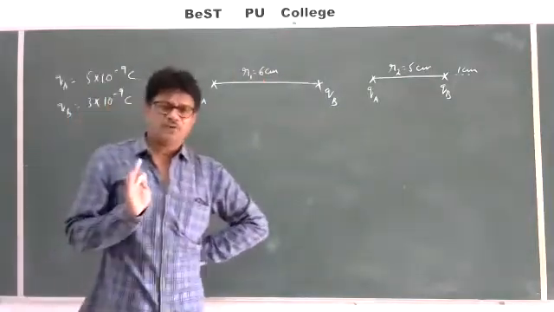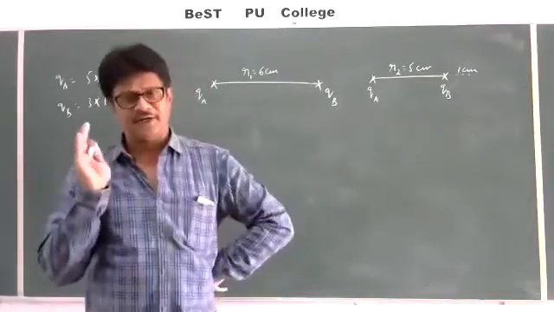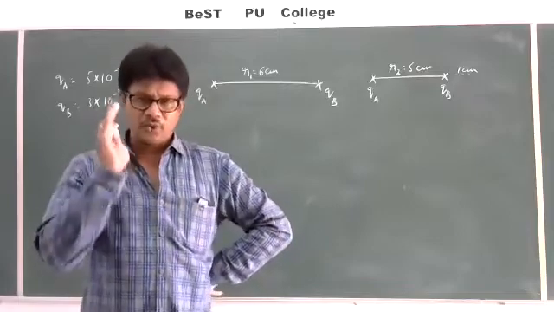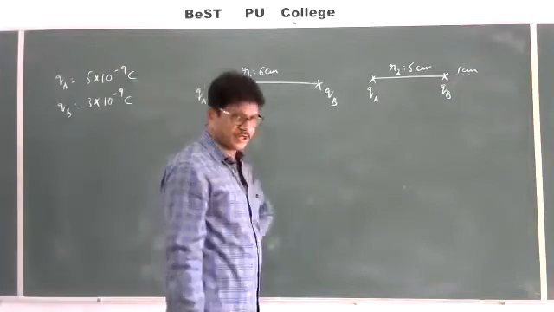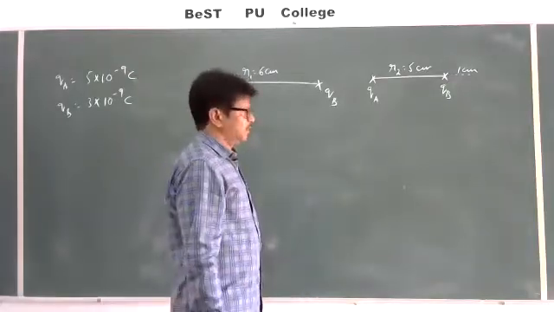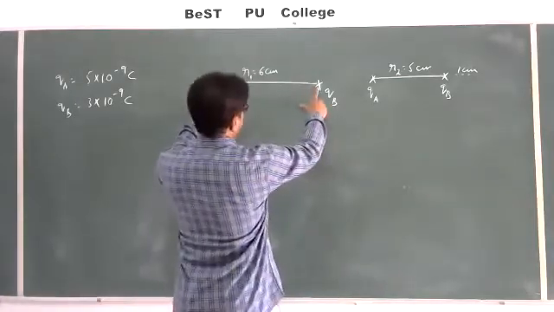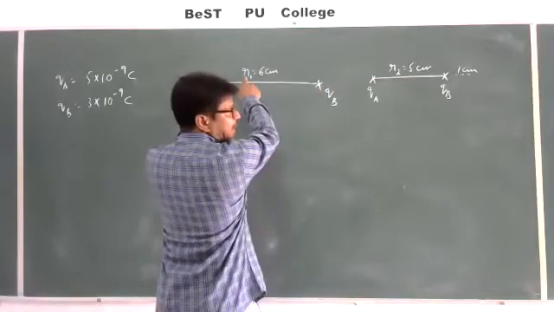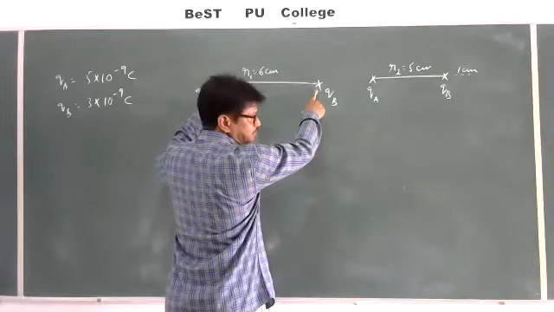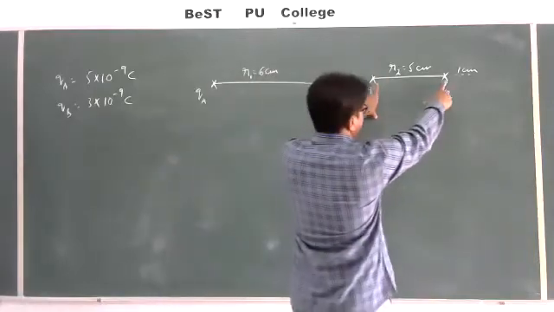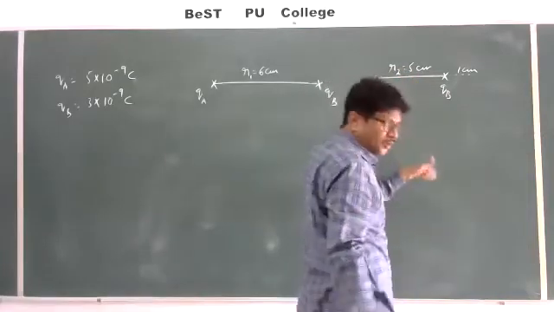Now, as we know, whenever two charges are separated by a certain distance, there will be a potential energy. Here the procedure we need to adopt is: if two charges are separated by a distance r1, what is the energy between them? If the same two charges are separated by a distance r2, what will be the new energy?